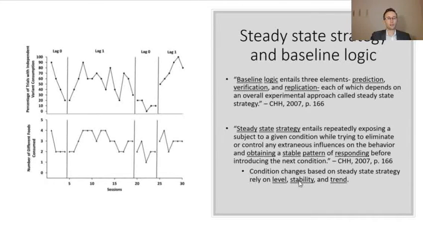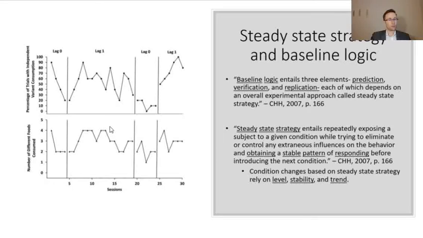Okay, we're going to talk more about level, stability, and trend going forward, but this is just a refresher for those of you for whom this is familiar, and it's also just a brief introduction for those of you that have not seen this before.